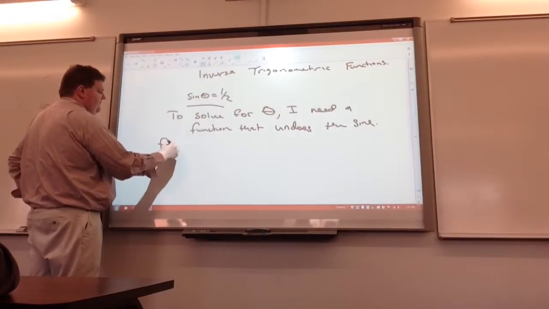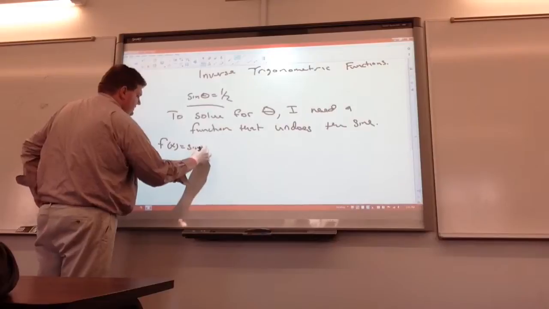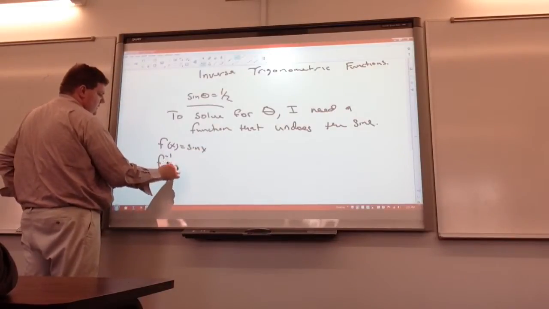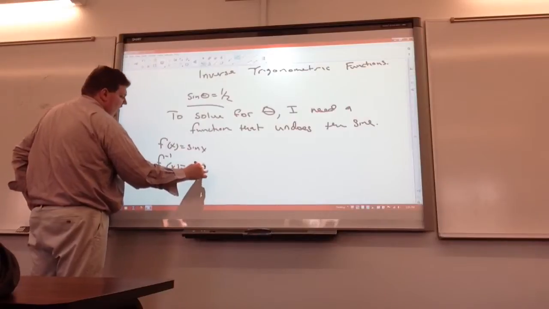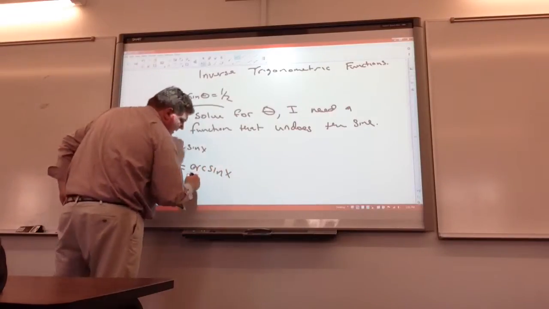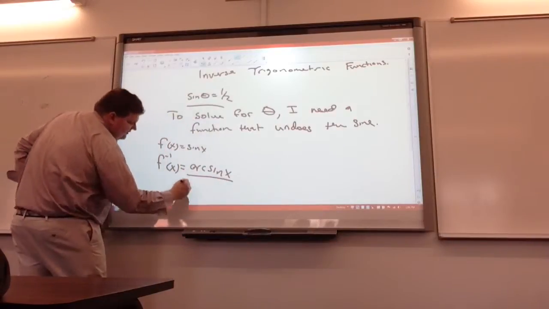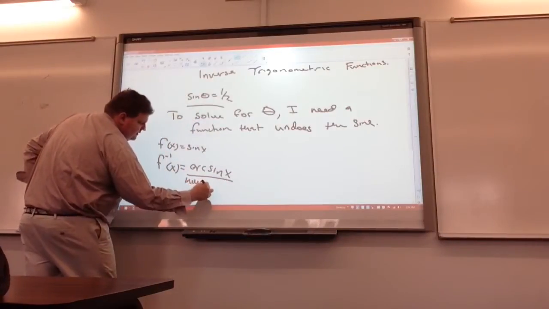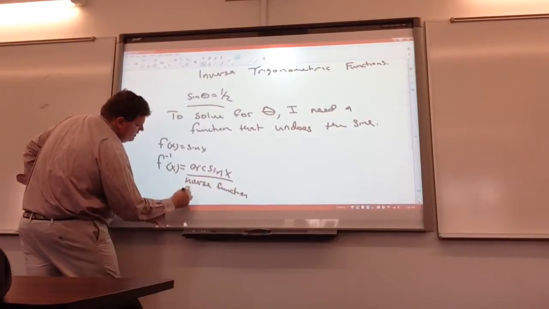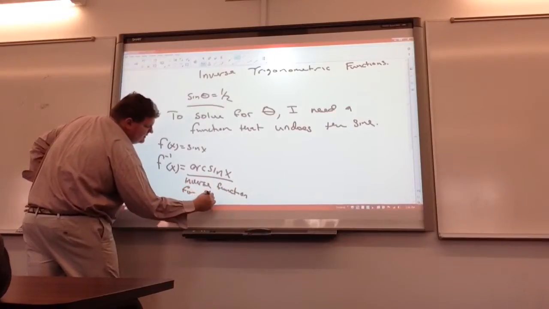if f of x is equal to the sine of x, the inverse of it is something called the arc sine of x. And this right here is basically the inverse function for the sine.